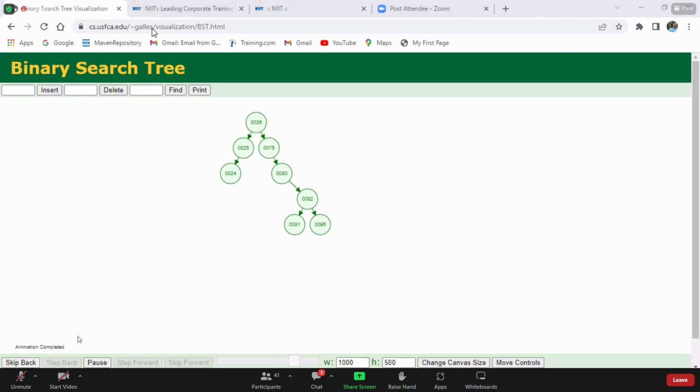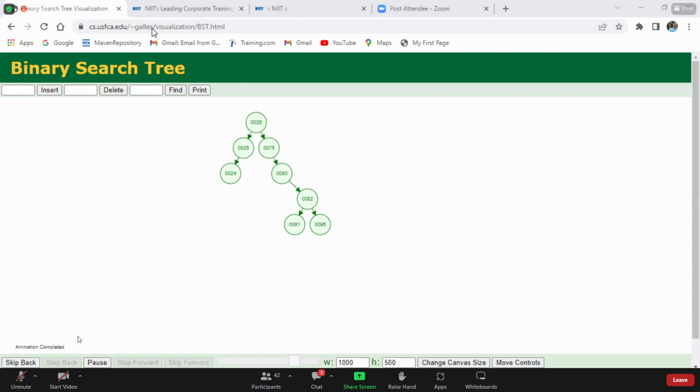Even if I haven't discussed any code, I have discussed three things with you. First, if any leaf node is to be deleted, it does not affect the current structure of my tree. If I need to delete a node which has one child, the child becomes the parent in place of your deleted node.